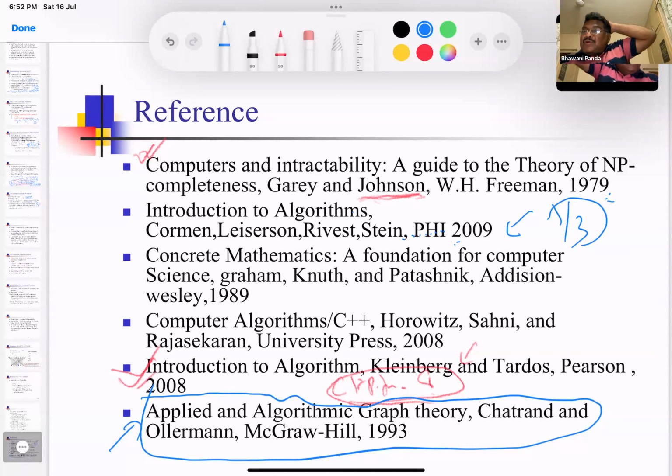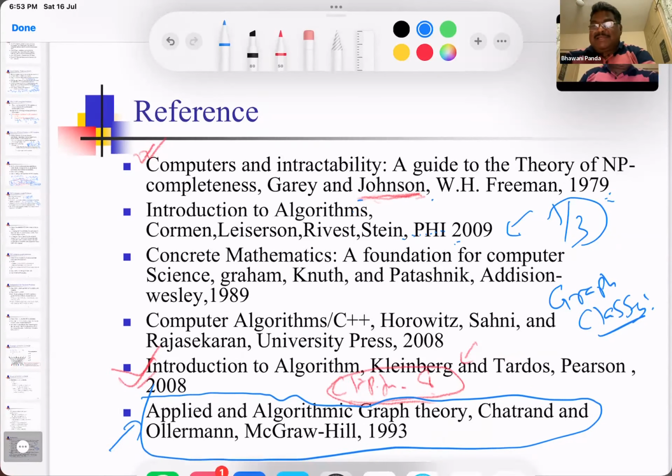And Johnson maintains a website. You can check, and there is a website called, if you type in Google, graph classes, you will see all these special graph classes and what kind of problems are solved and which are not. Let me check if I can find this one.